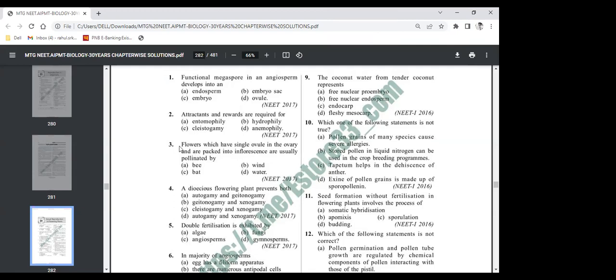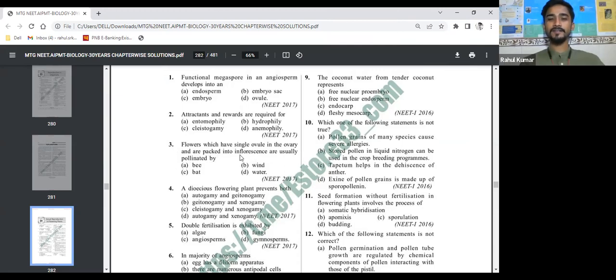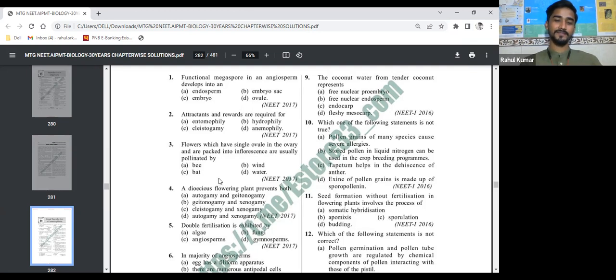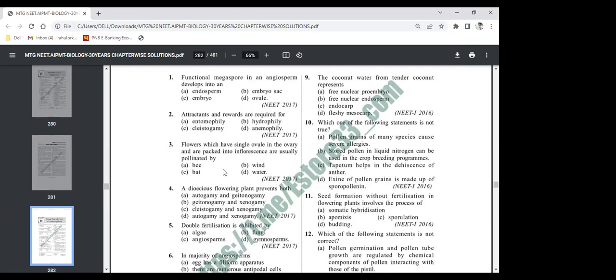Which word of the question helped you to choose wind? Why not pollination through bee, bat, or water? Why wind? Just tell me that. Stigma. There is no word stigma in the question. No, actually, single ovule and ovary are packed into the inflorescence. The word is inflorescence. Yes, right.